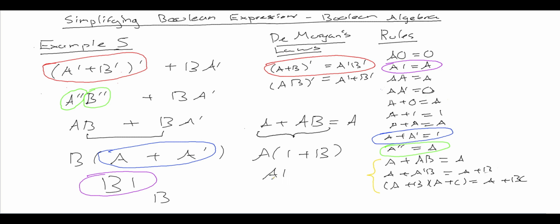Then we can apply this law here: anything and 1 is just itself, and then we're left with A. So we can factor out and apply two of these rules to get the same result as just this law here. So these are all examples of derived laws.